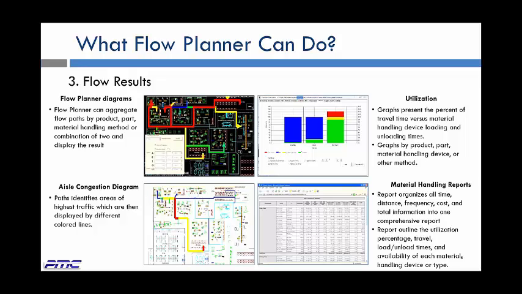The green are your low traffic aisles. Also, this helps in calculating the utilization of all your material handling equipment. It might be a forklift, it might be a tugger, or it might be a manual process.